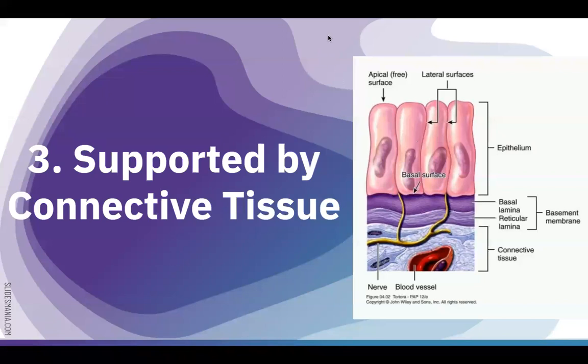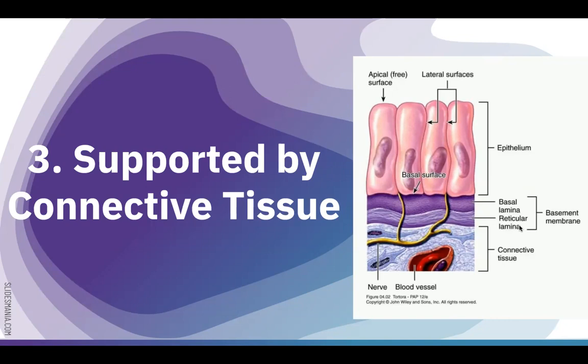So next, we're going to be talking about how they are supported by connective tissue. Obviously, we won't be covering connective tissue here, but in the next video. But deep to the basal lamina that we were talking about earlier is the reticular lamina, and this is actually part of the connective tissue, but it's also part of the basement membrane, since the basal lamina and the reticular lamina make up the basement membrane.